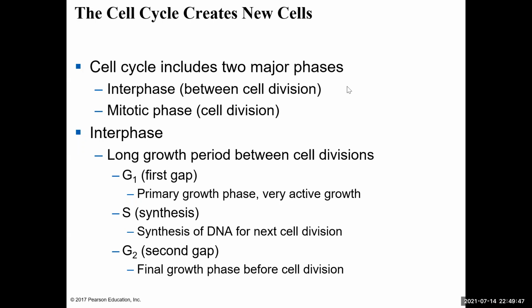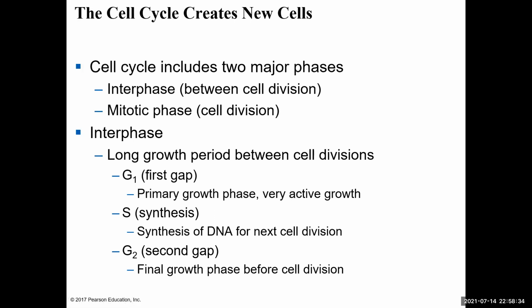Now, the G2 phase, which is the second gap phase, is the final growth phase before cell division happens. So any kind of final growing that the cell needs to do happens in the second gap phase.